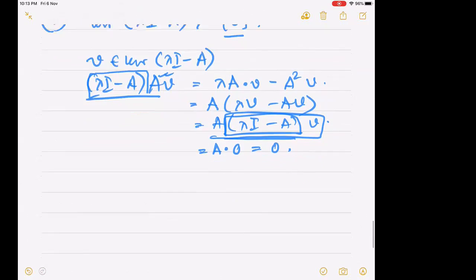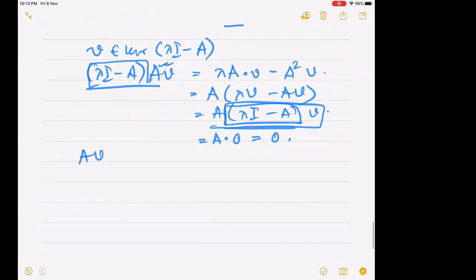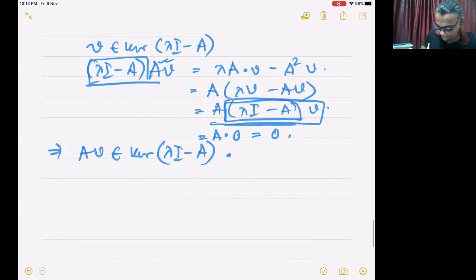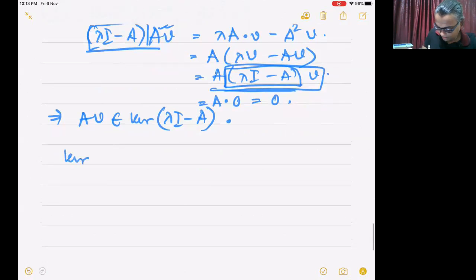So you see, Av belongs to the kernel of lambda I minus A. Great, no? What this means is that the kernel of lambda I minus A is A invariant.